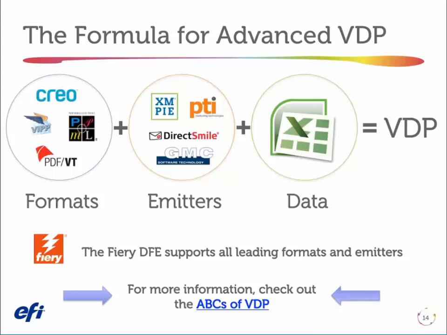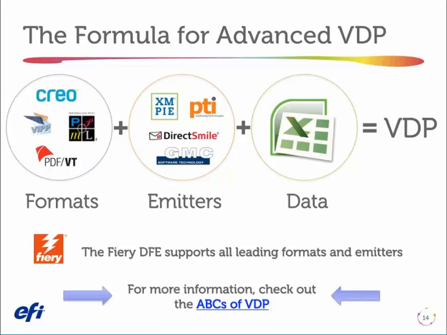The latest generation of Fiery currently supports PDF-VT 2, which has support for so-called thin VDP jobs, meaning the static content does not have to be included in the main job, but can be referenced from an external location. In the end, it does not matter which VDP format you use or which emitter or third-party application creates that VDP format.